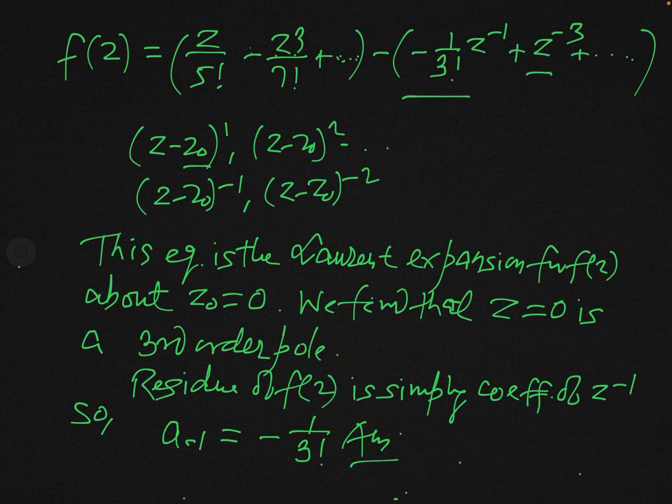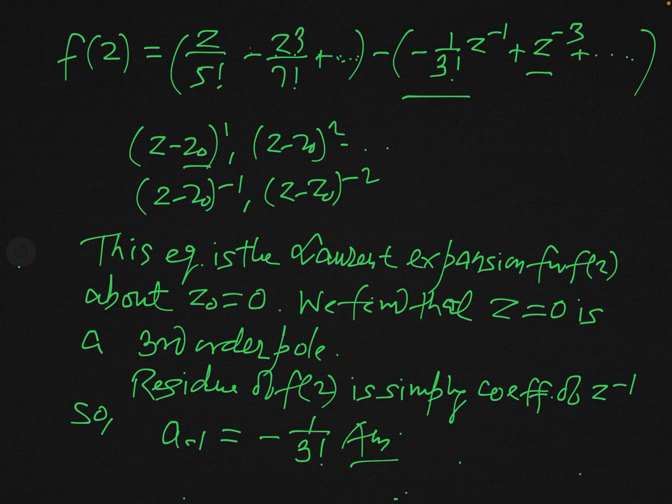In fact, inside the first bracket we have taken the terms containing the positive powers of z, and in the second bracket we have considered the terms containing the negative powers of z.